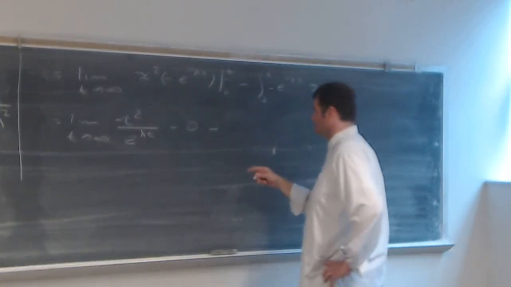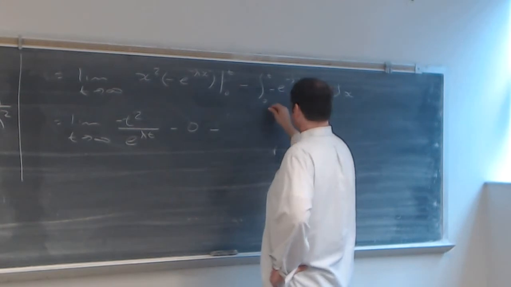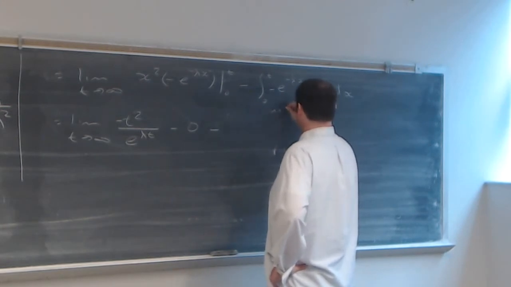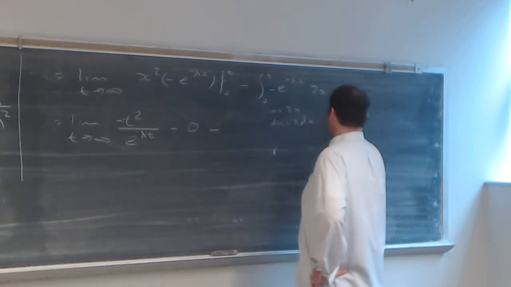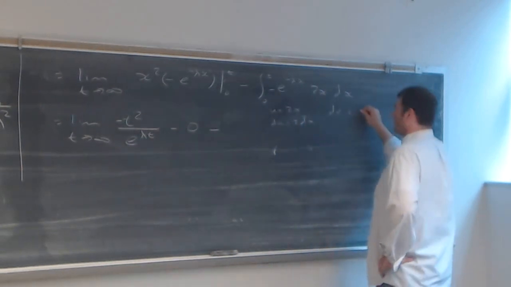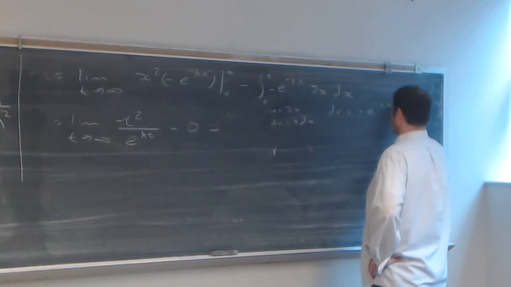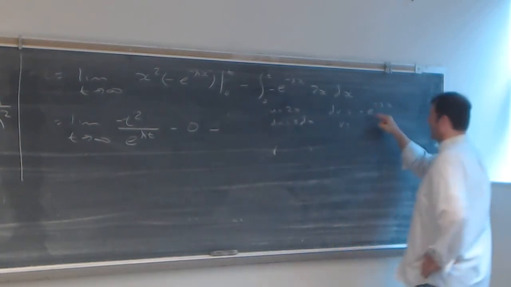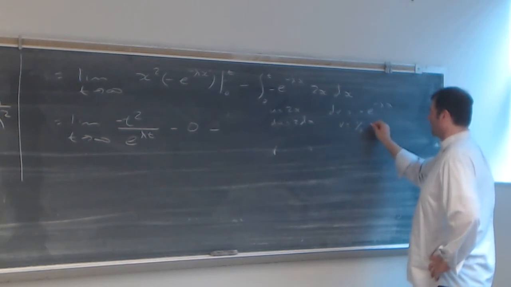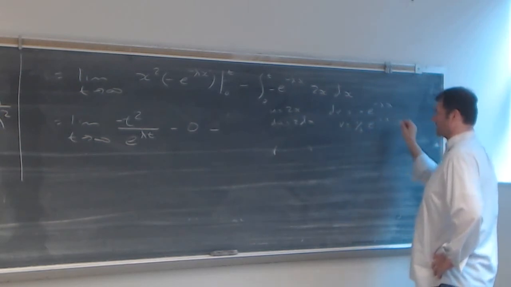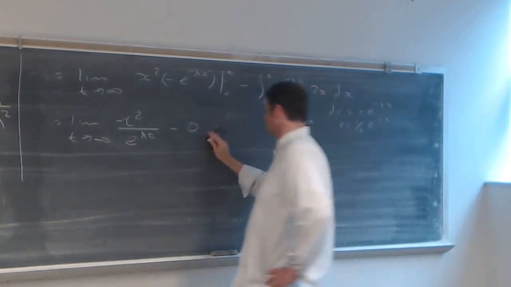Minus, here, I have to use integration by parts again. I'm going to let u be equal to 2x, du will be equal to 2 dx, dv is equal to minus e to the minus lambda x. V, in this case, now I need this lambda here, so what I get is 1 over lambda e to the minus lambda x. That's what I get. So if you will, let's make this a little lower.